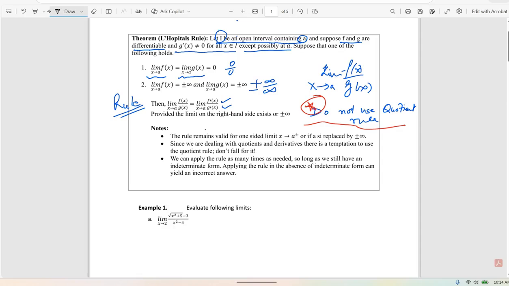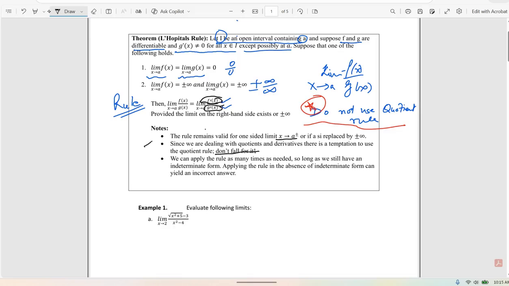You need to simply differentiate the numerator separately and write the derivative of the denominator in the denominator's place, then find the limit. That is what L'Hopital's rule is. The rule remains valid for one-sided limits also, like the left limit or right limit at A. Since we are dealing with quotients and derivatives, there is a temptation to use the quotient rule.